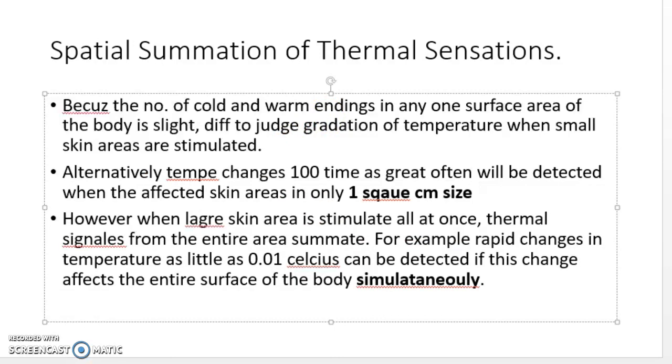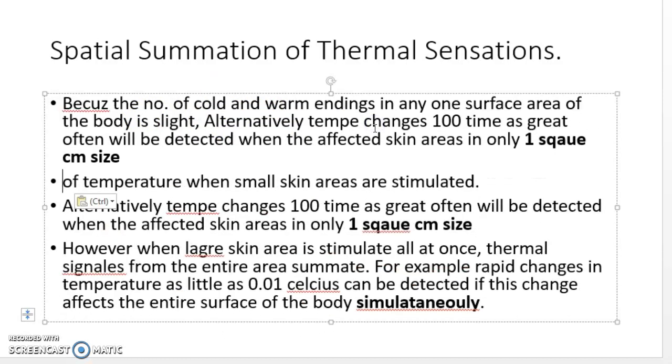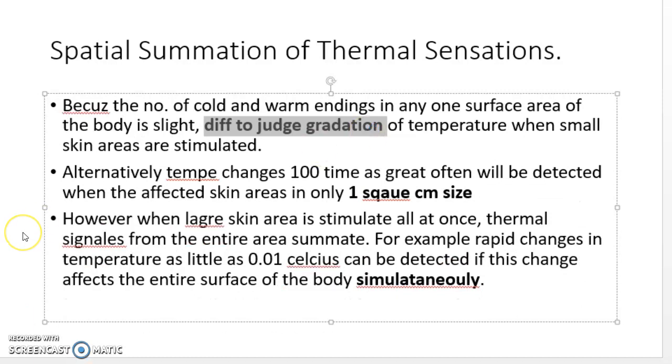But even a small 0.01 change can be detected if it is spread over the whole of the human body skin, because the number of cold and warm endings in one surface area of the body is slight, making it difficult to judge the gradations of temperature when small skin areas are stimulated.